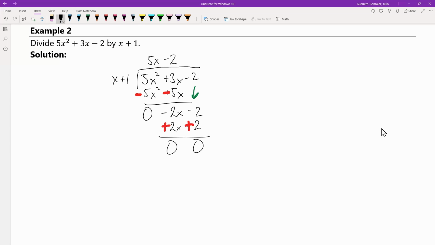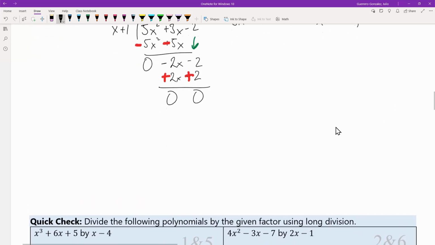This means that 5x squared plus 3x minus 2 is the same thing as x plus 1 times 5x minus 2. And there's no remainder. You see that? So this divided cleanly.